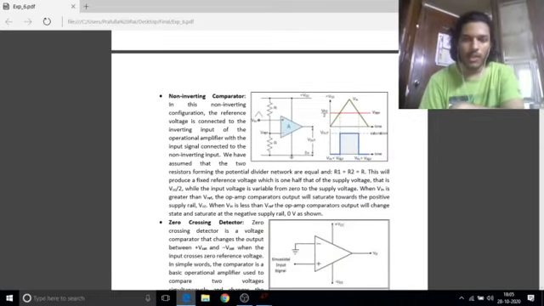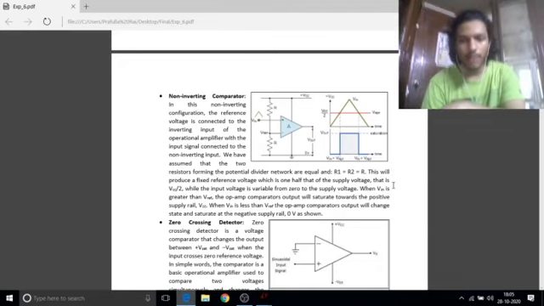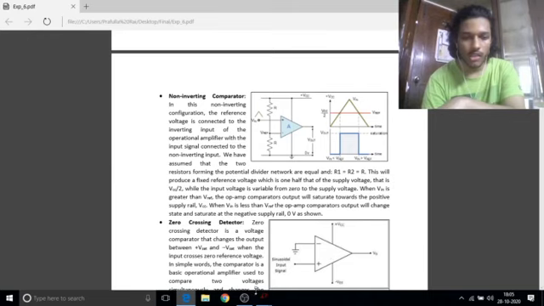In a non-inverting comparator, the Vin is given to the non-inverting terminal while the reference voltage is given to the inverting terminal. When the input voltage is greater than the reference voltage, then the comparator will saturate towards positive saturation, while when Vin is less than V reference, it will saturate towards negative.